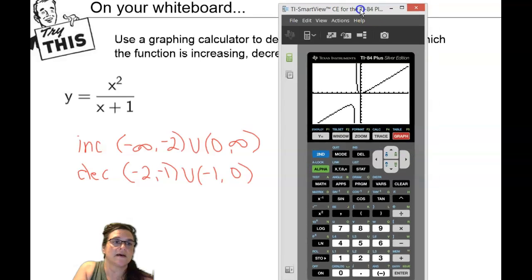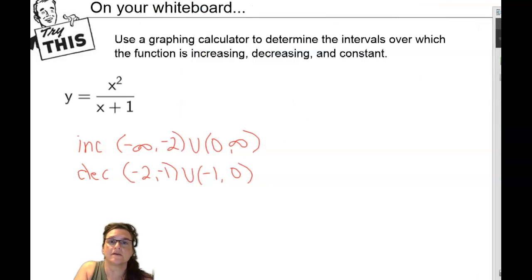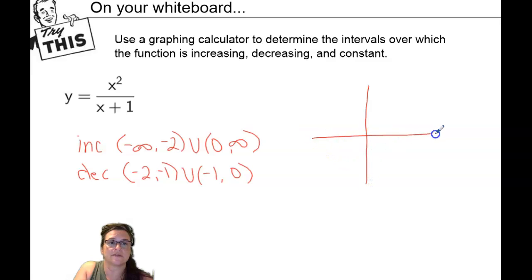So if I slide this over here out of the way, then we can go ahead and make a rough sketch of our graph. So at negative 1, negative 2, negative 3, so negative 1, here's our vertical asymptote, and then positive 1, 2, and 3.